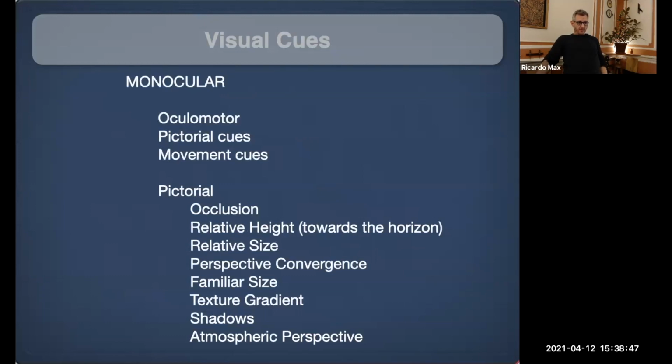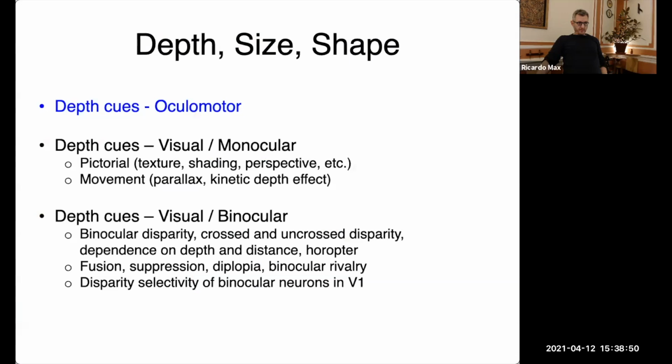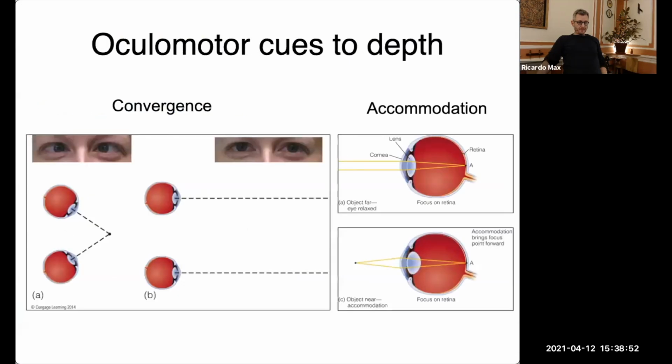So let's begin with oculomotor. We have two sources of information, convergence and accommodation. Convergence means that whenever we focus on an object in the distance, our two eyes converge or diverge in order to place whichever object of interest we are fixating on the fovea.